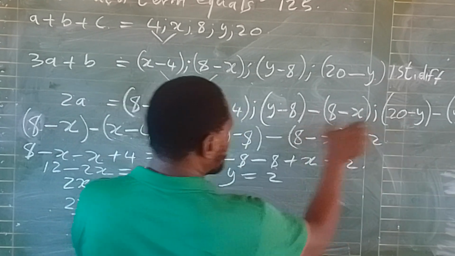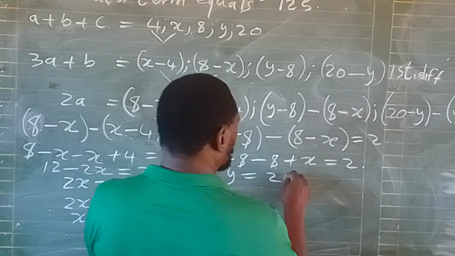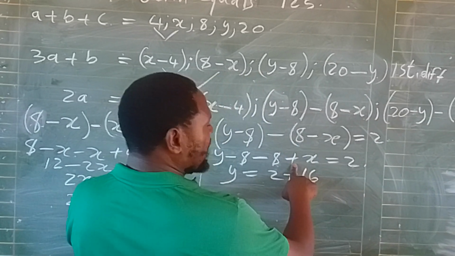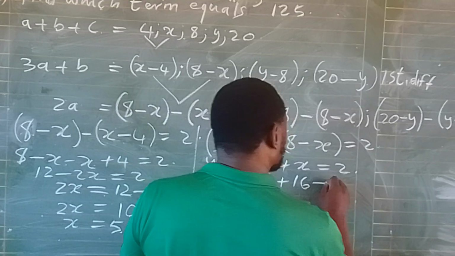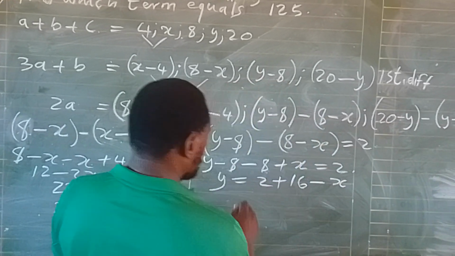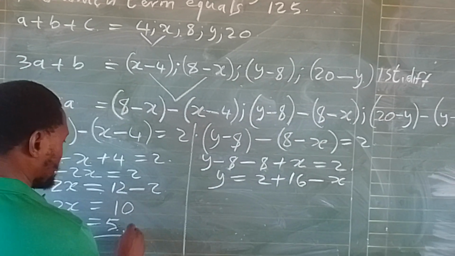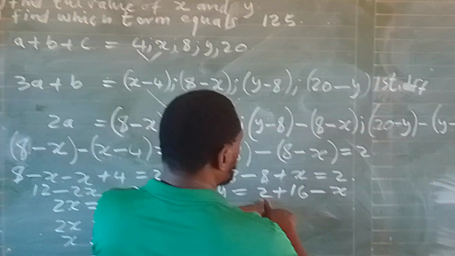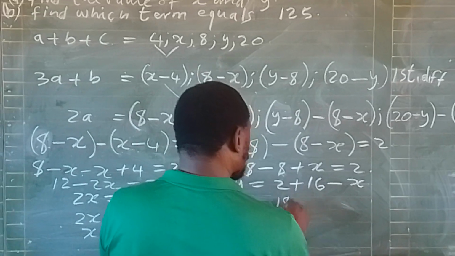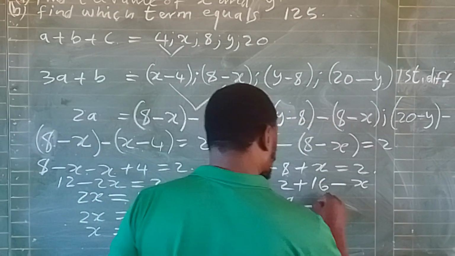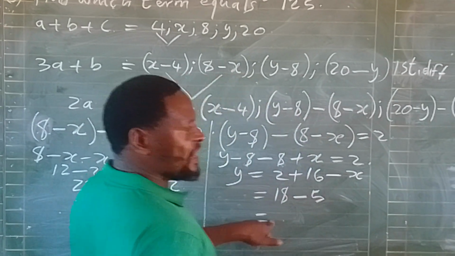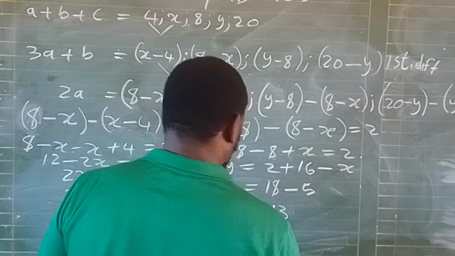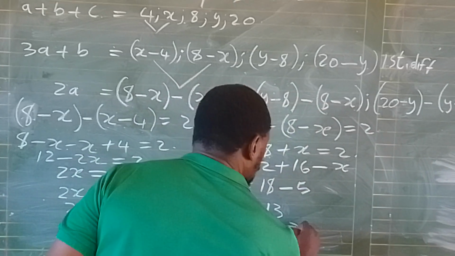We take this 8 to that side, it was negative, it is going to be positive. The x was negative, when it gets to that side it will be positive. Now that we have calculated the value of x, we can plug in the value of x here and we find y. y is going to be 2 plus 16, it's 18, minus 5. 18 minus 5 is 13. So your y is 13.